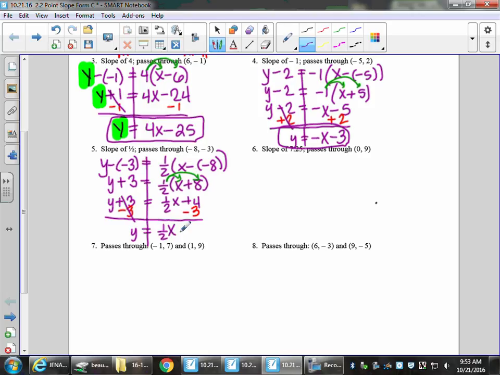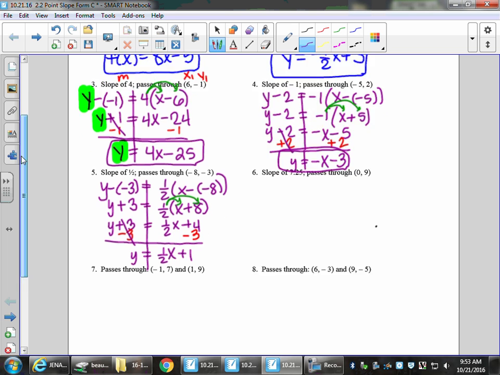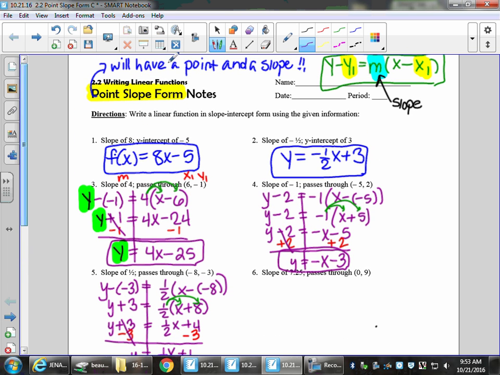Hold on one sec. Y minus Y1 becomes Y minus a negative 3, because that's what I'm plugging in for the Y value. So the key thought here is, see these built-in negatives?